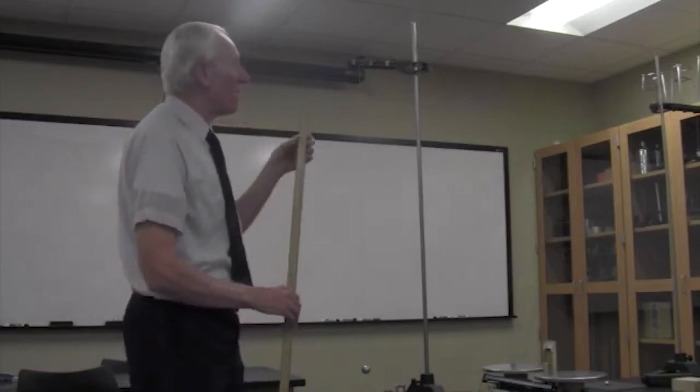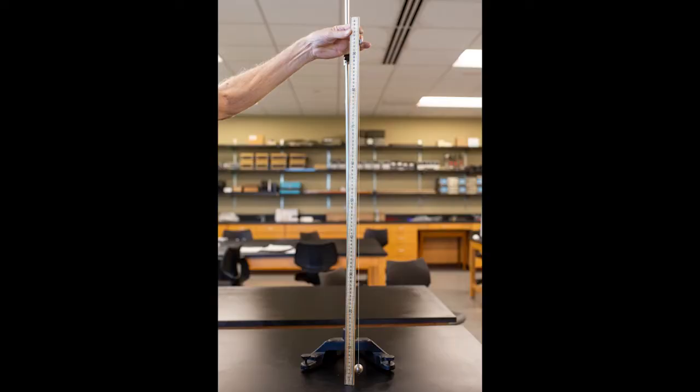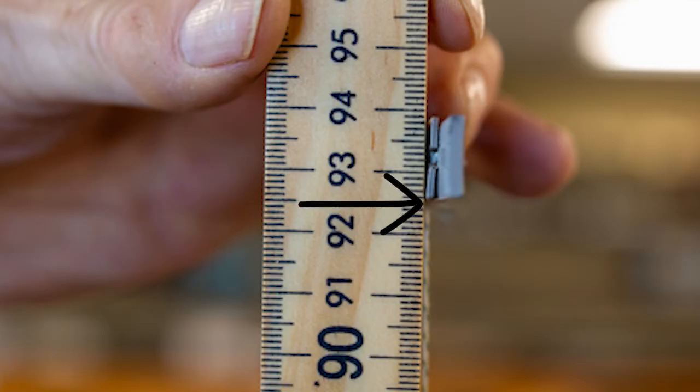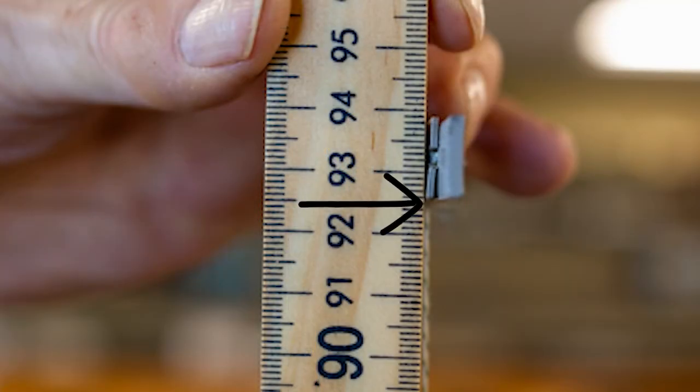So what you need to do is somehow decide where to measure where the string leaves the clamp up here, and then measure down to either the top of the ball and add the radius to it, or measure to where the meter stick is up against the ball next to it. So this makes a big difference up here if you're off by a few millimeters.